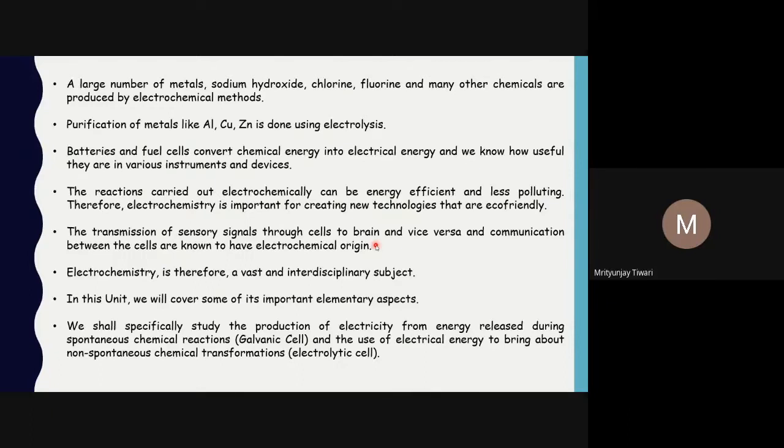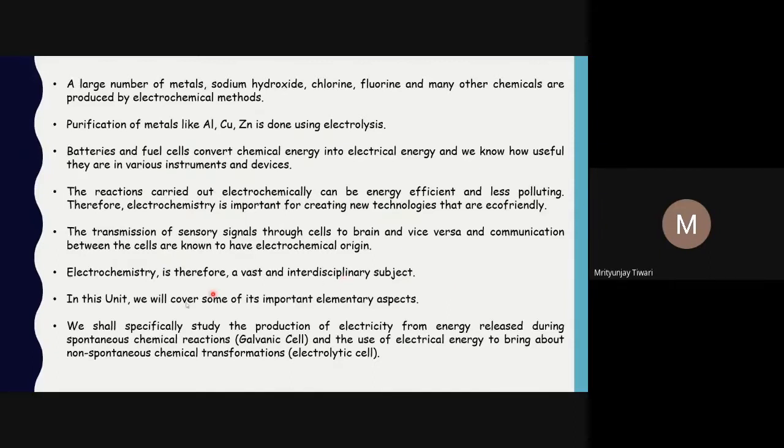These ion channels also work on the laws that we are going to study here. So if you study this particular chapter and understand it, you are also going to get certain information on how our body and its different parts work.